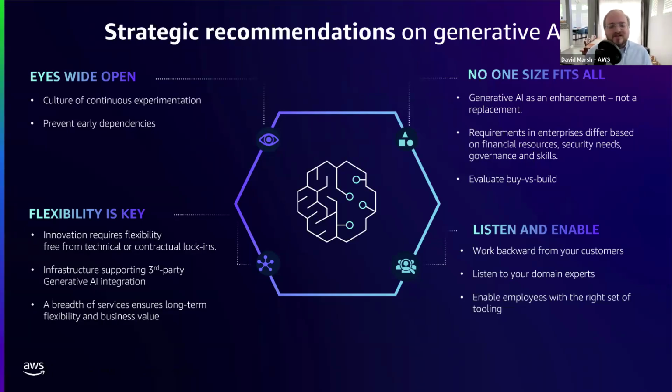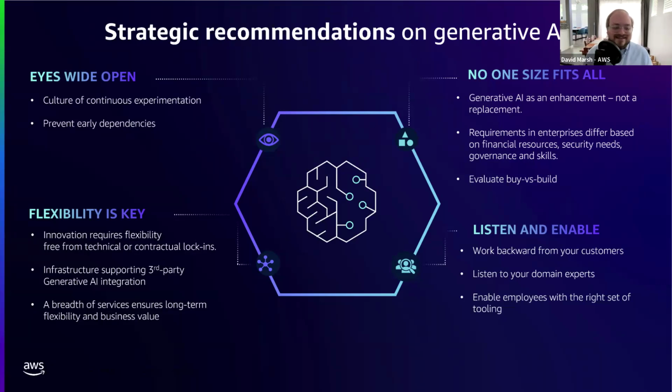Also, it's important to prevent early dependencies in this space where you might be relying on a few selected AI product offerings. With something like Bedrock, you have the flexibility to continue to call the same API and access different foundation models. So that flexibility is important, which brings us to the next topic here.